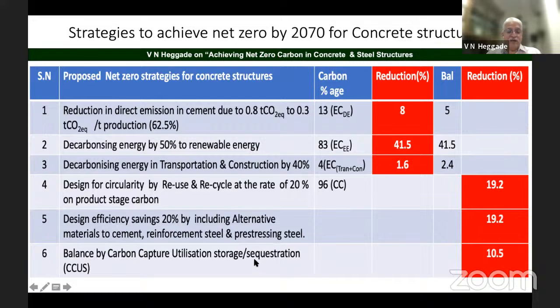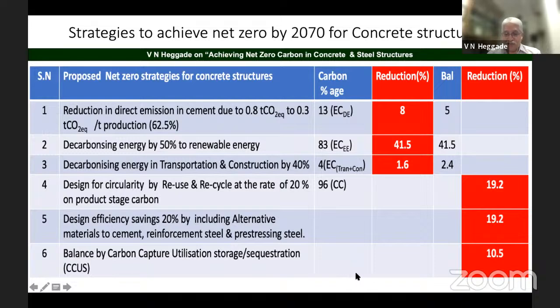In fact, they want to do carbon capture and utilization rather than storage, converting the captured carbon dioxide into some other material and making use of that material in other productions. That is called carbon capture and utilization and sequestration. And if it is not possible to do it, I think we'll have to sink that into the ground. That's how the 10.5% can be done.